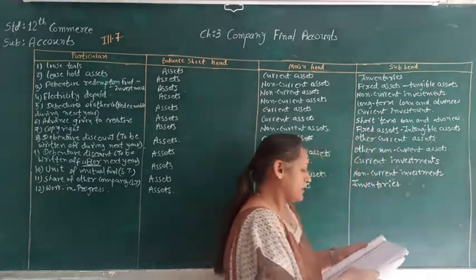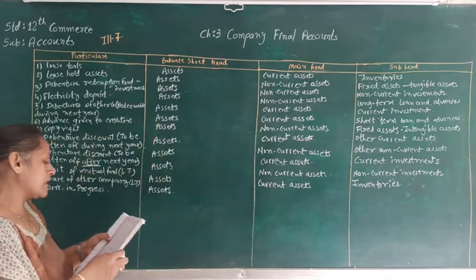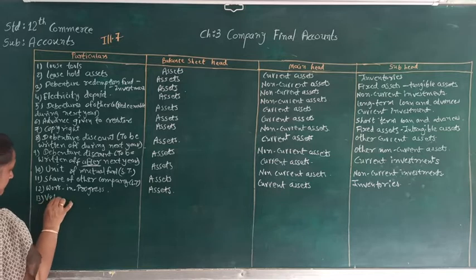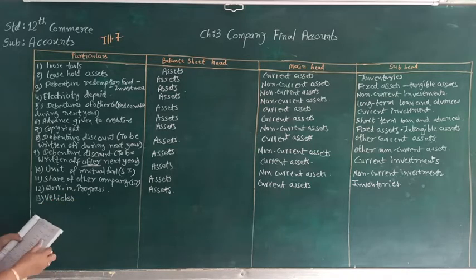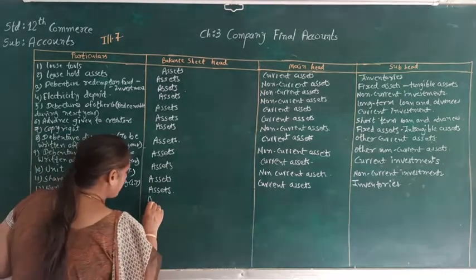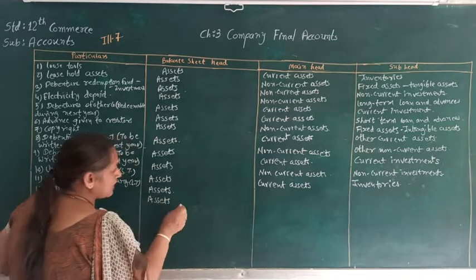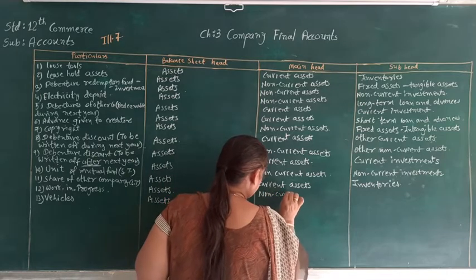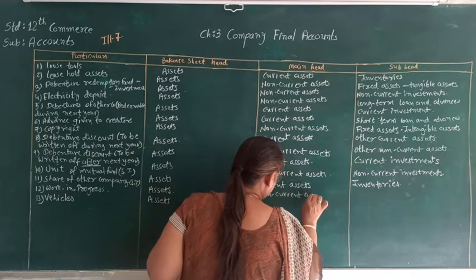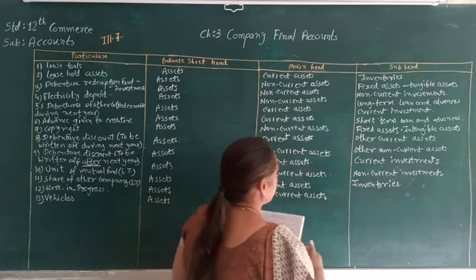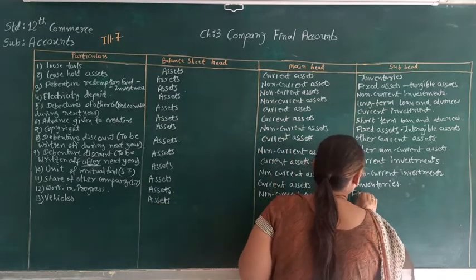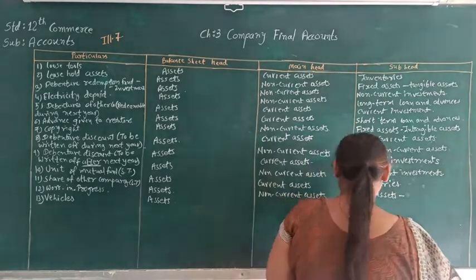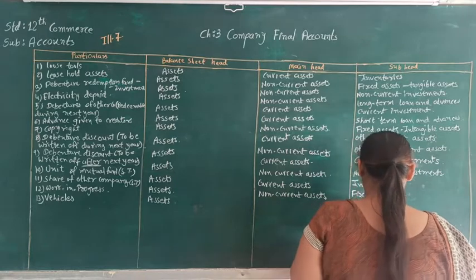Again, after that there is number 13, that is vehicle. And this vehicle is a non-current fixed tangible asset. Then here it is a fixed asset, where it is a tangible asset.